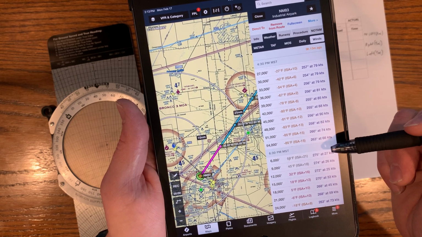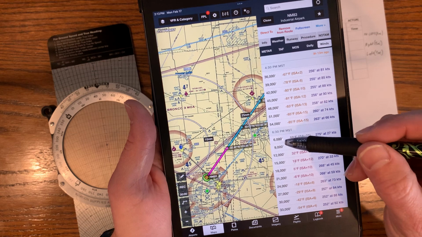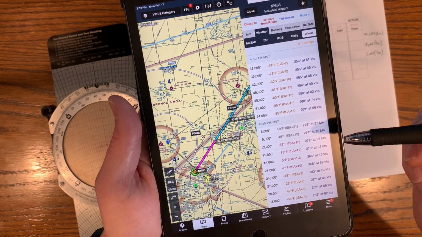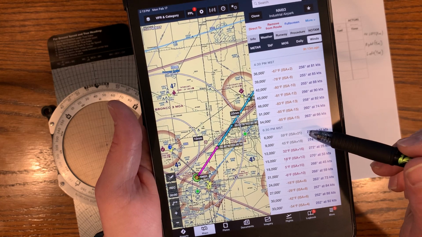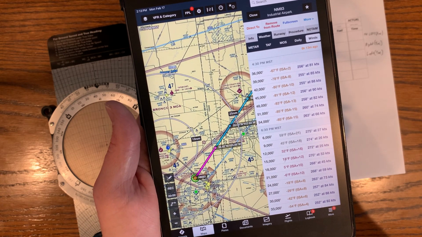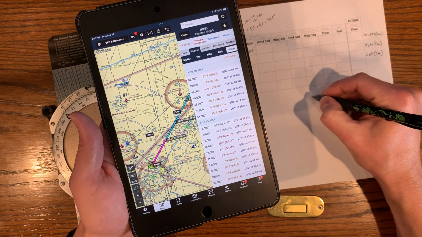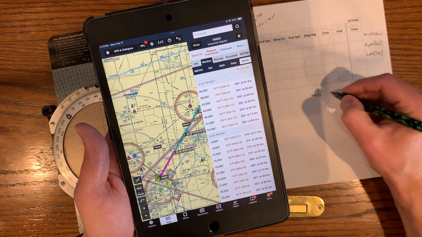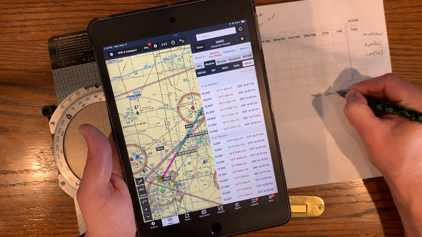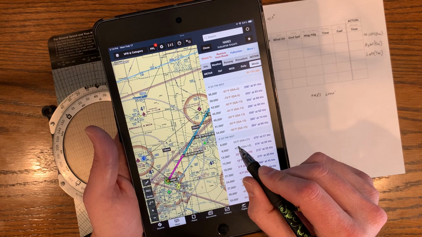Okay, so 6:30 p.m. We're going to say 6,000. Our cruise altitude is 6,500. That's awfully close to this, so I'm just going to use what it's got here. So I'm just going to write this down real quick. At NM 83, 6,000 feet. All right, what do we have? We got 59 degrees Fahrenheit.